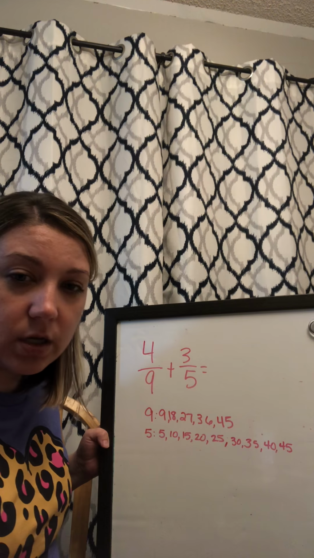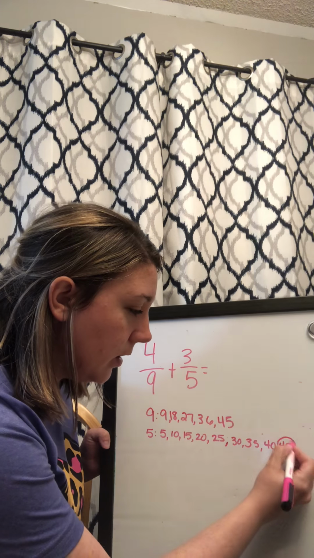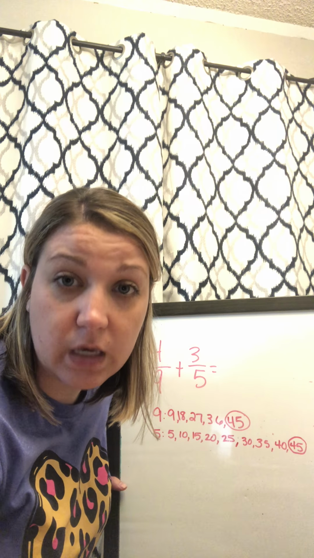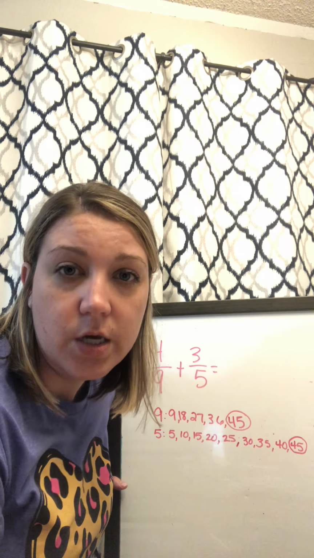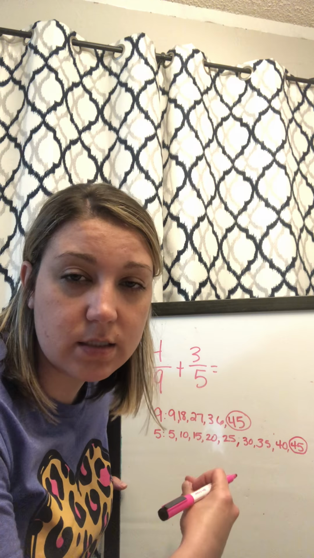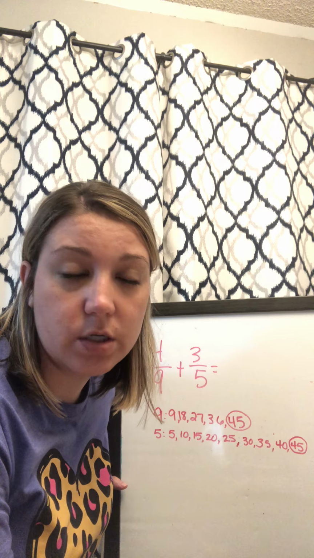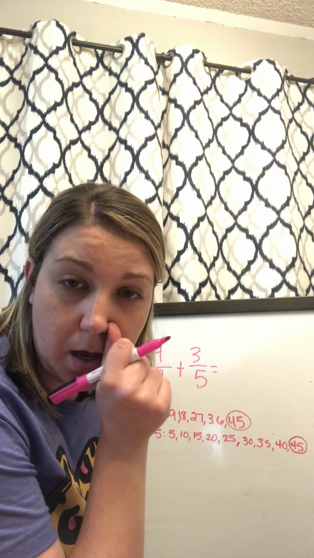All right, and I'm going to look and see what number they have in common. They have 45 in common, and you always want to choose the first number that they have in common. If you don't choose the first number, you're not wrong. You're just probably going to have to do more simplifying. So by choosing the least common denominator, you're setting yourself up to not have to simplify as much after you've done your adding.